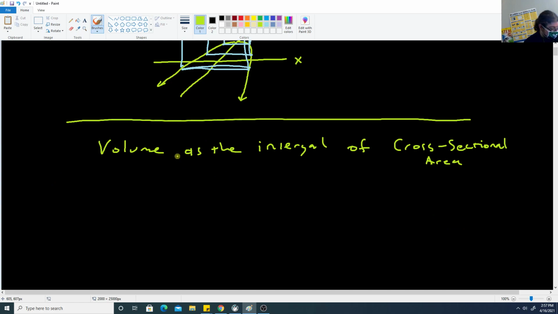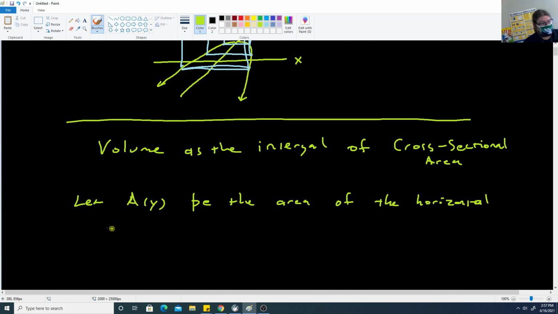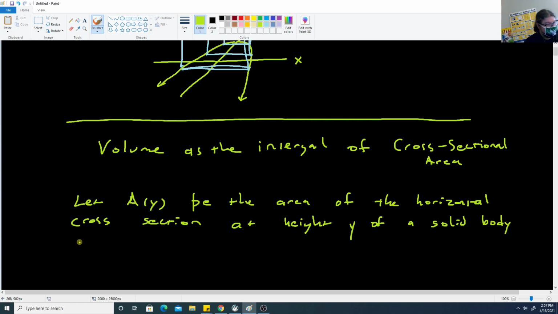So we're going to let A of y be the area of the horizontal cross-section at height y of a solid body extending from y equals a up to y equals b.